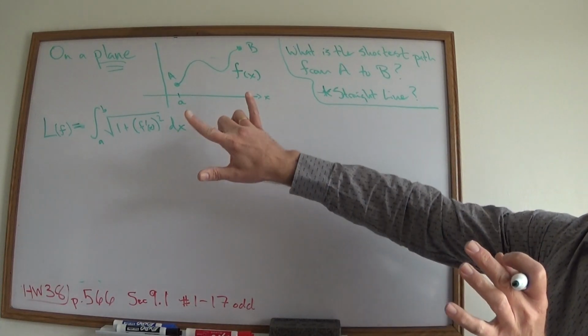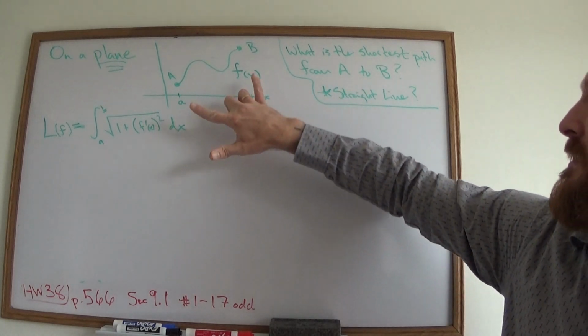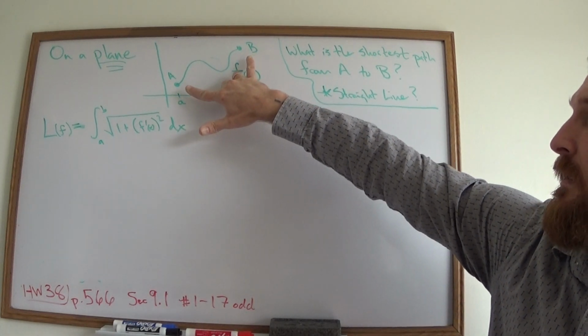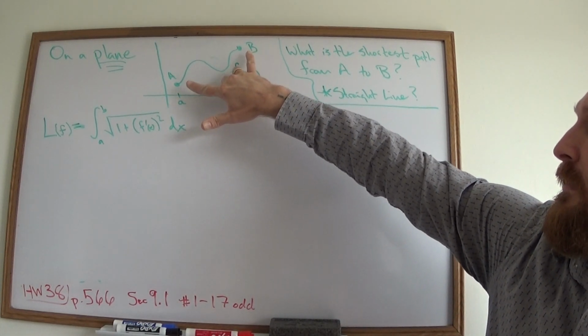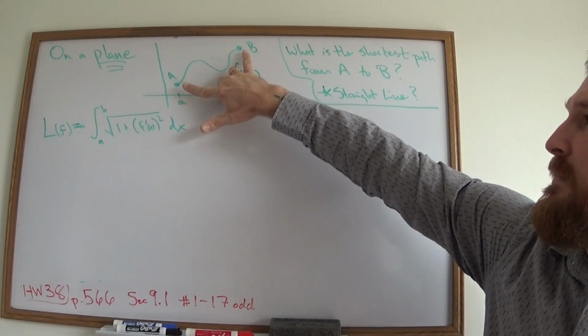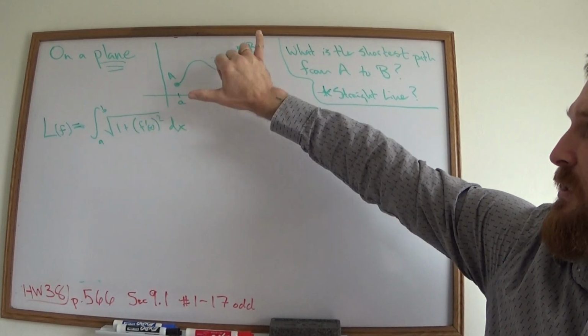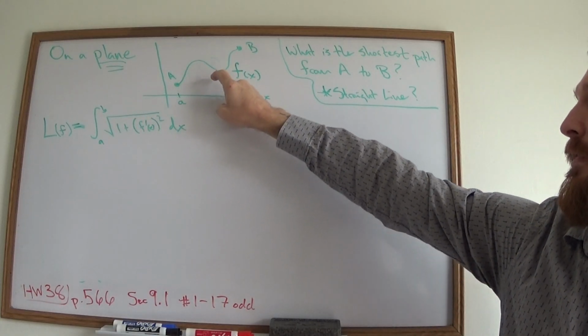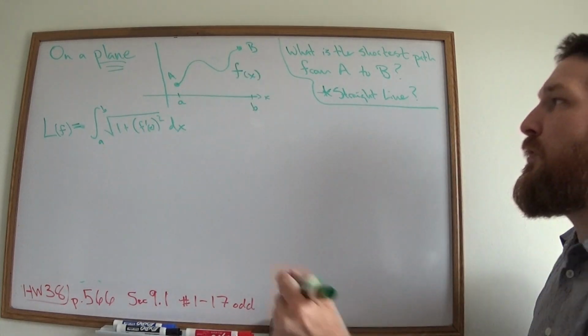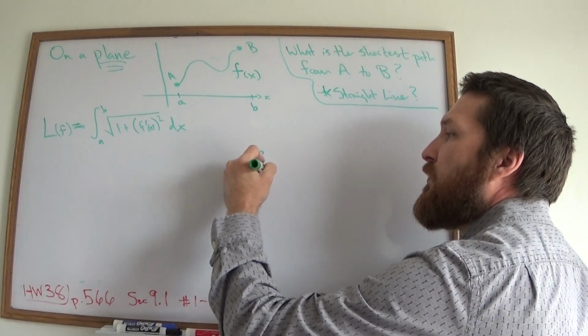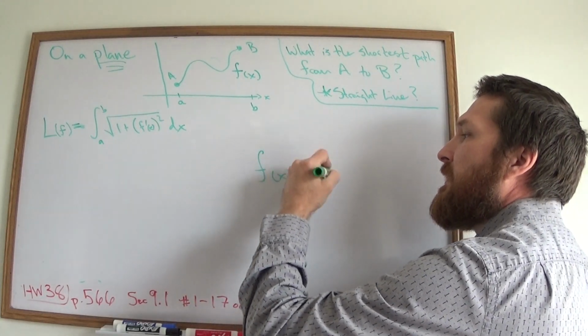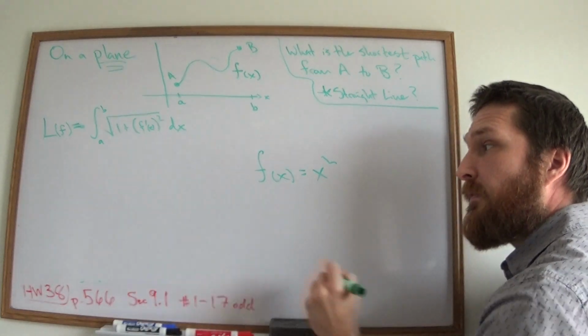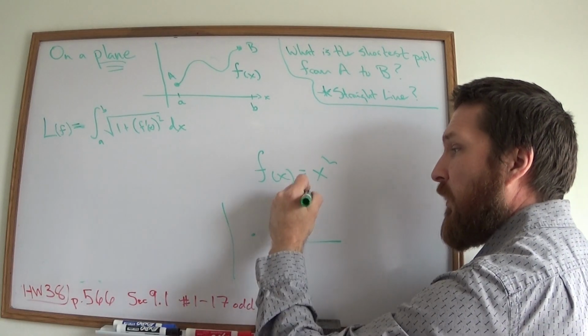See, the actual distance does not change between A and B. That is always the same. A and B are fixed. You're not changing that. The only thing you can change is your path, right? So for instance, if you let your f be x squared, then you're going to get from A to B one way.